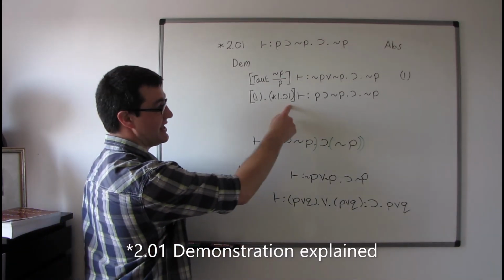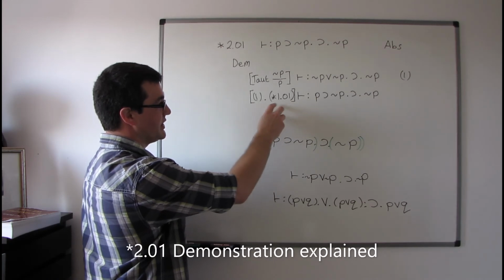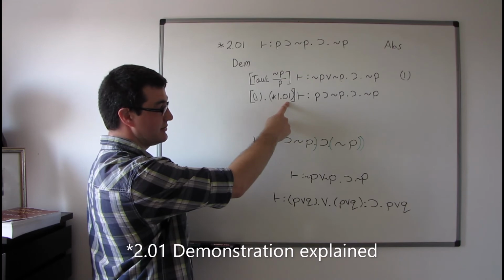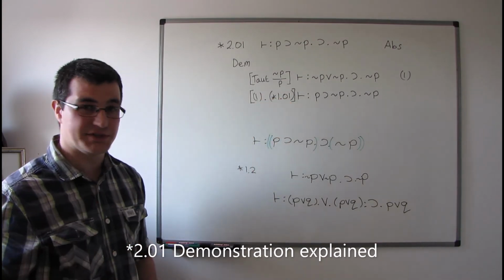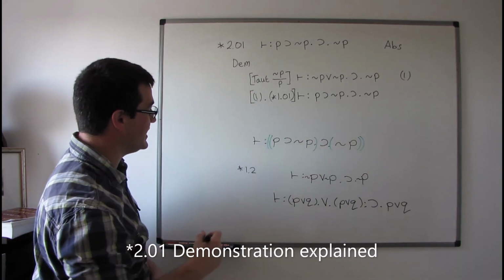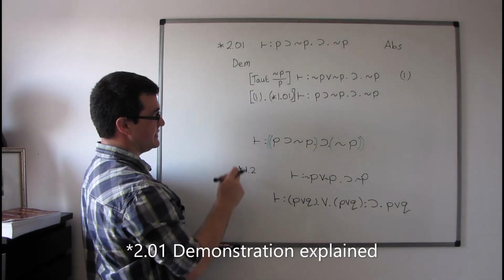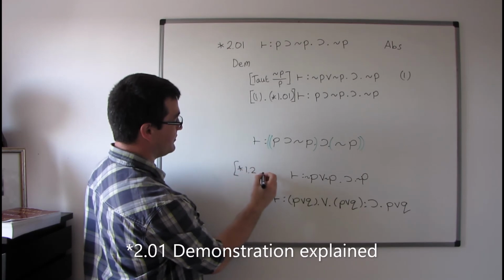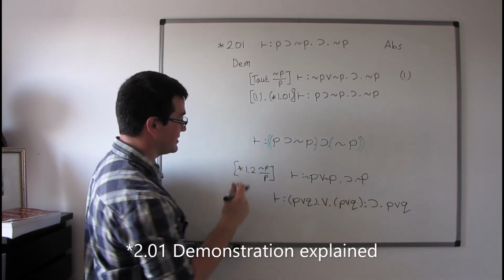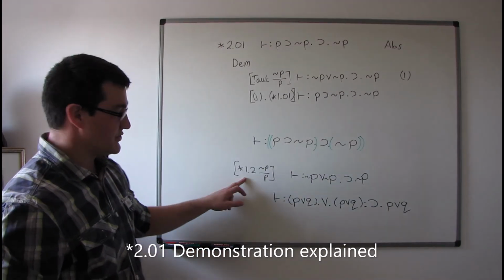Now I can see that this is a definition here, because the number of the proposition is actually in brackets, so it's not a proposition at all, it's a definition. If I'd written this using star 1.2, I wouldn't have put parentheses around it, I would have just written this.